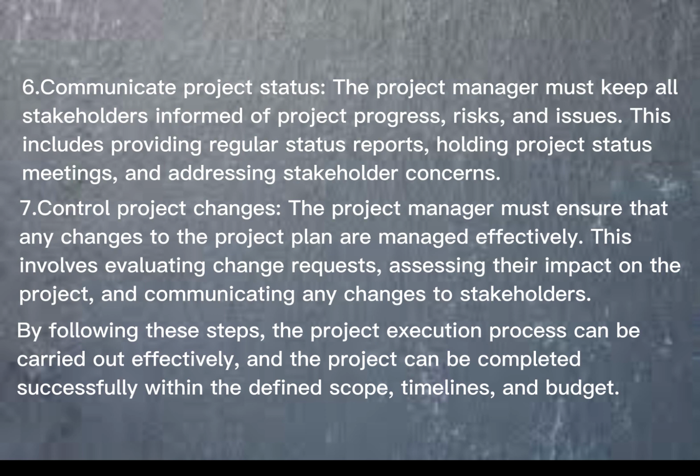This involves evaluating change requests, assessing their impact on the project, and communicating any changes to stakeholders. By following these steps, the project execution process can be carried out effectively, and the project can be completed successfully within the defined scope, timelines, and budget.